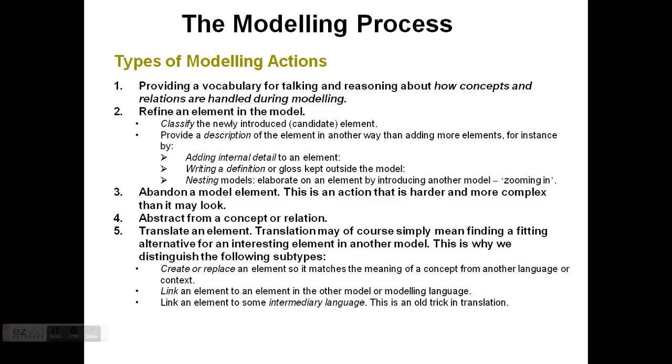If a model needs to be translated to more than one language or context, it may be a problem to find translators with expertise in all combinations of context or language. Instead, you could first translate to a language or context that is understood by everyone and then take the next step.